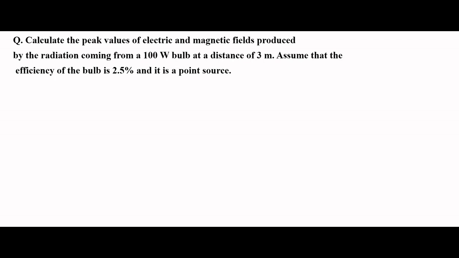So here it is given that we have a bulb, that is a bulb and it is 100 watts and it is a point source, so it emits light in all directions, outwards like this, straight in this direction, like that, like this.